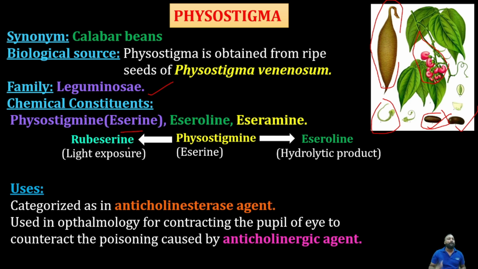So these are the main active constituents of physostigmine, which is a cholinergic agent, so it acts on seizures and also on muscle contractions and spasms. It is used in ophthalmology for contracting the pupil of the eye, to counteract the poison caused by anticholinergic agents. Yes, my dear aspirants, this is about the indole alkaloids.